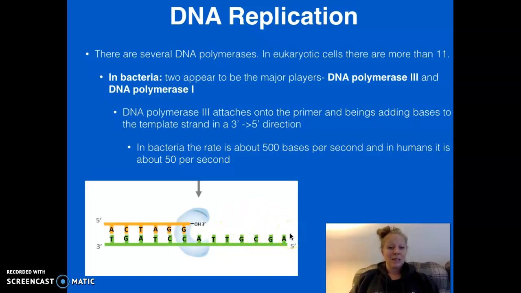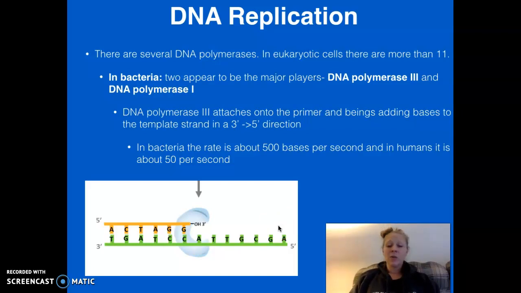So we're going to have that semi-conservative replication. Here's our original strand, the conserved original strand, and here's our new growing strand. DNA polymerase 3 is adding on to that growing strand, always adding on to the 3' end.